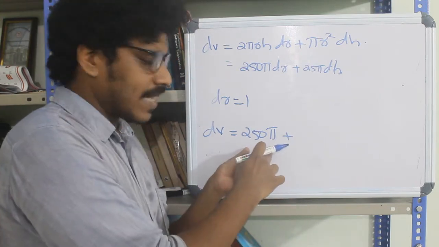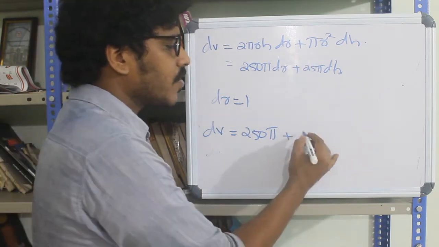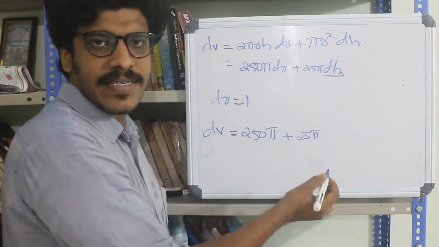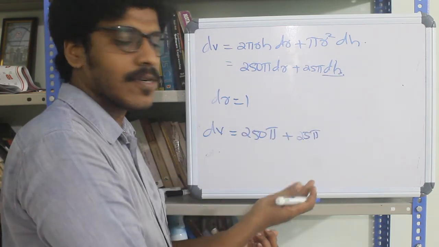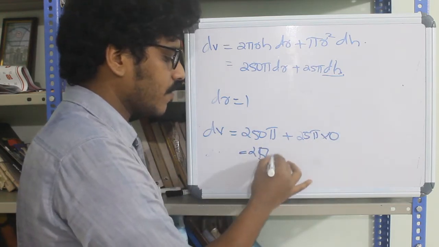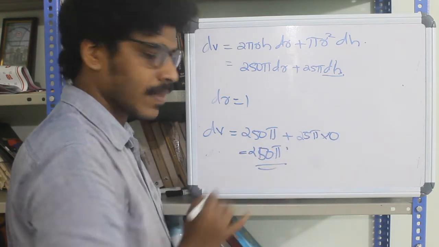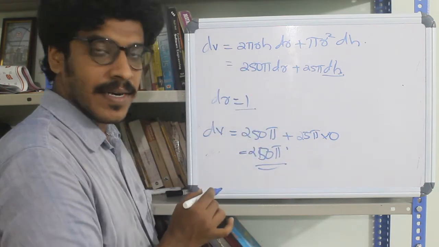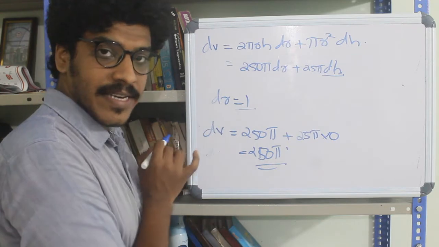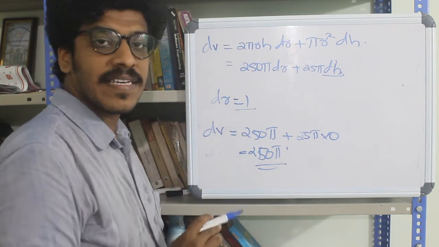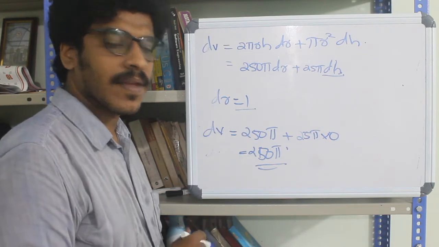This will remain as it is, and 25π into dh, the change in height. We haven't made any change to height, so it will be 0. So it will be 250π. If you make a change of 1 unit in our radius, the volume will change by 250π units.